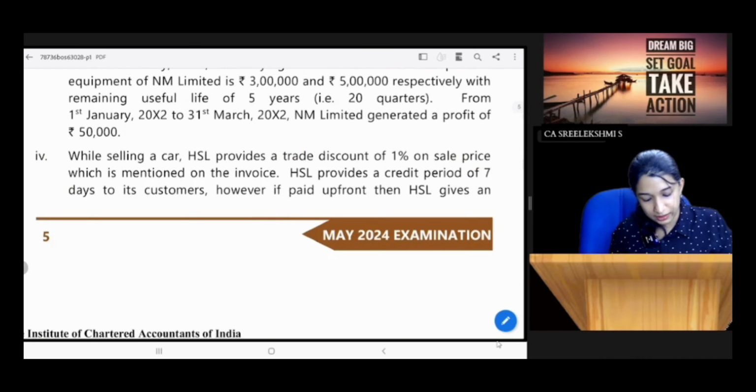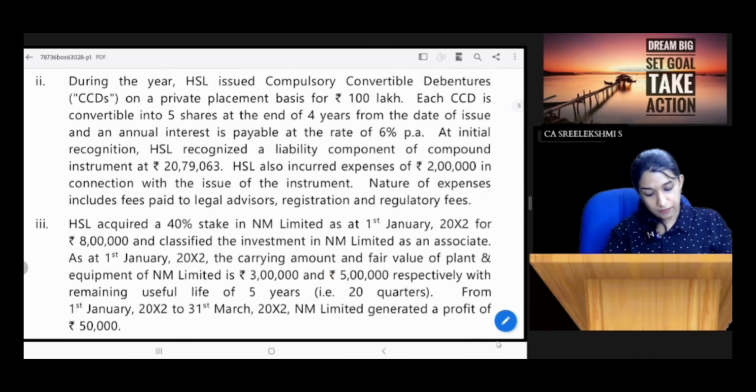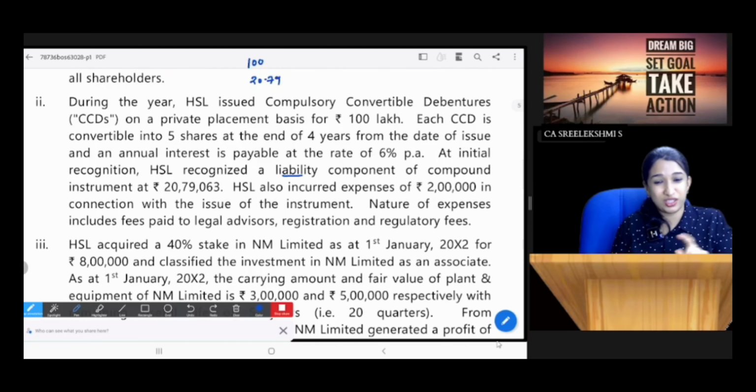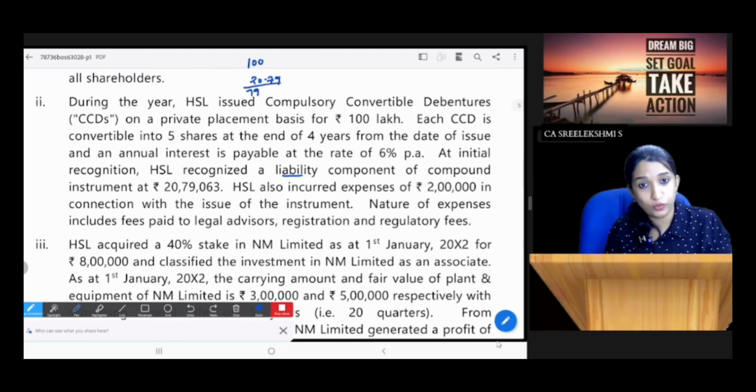How do we calculate? The total amount issued is 100 lakhs, of which the liability is 20.79 for the time being. Just for verifying, I am taking only 20.79. So 100 minus 20.79 is 79.21.